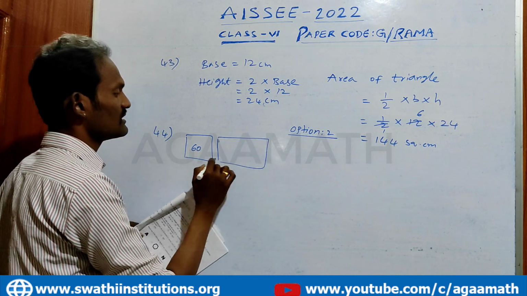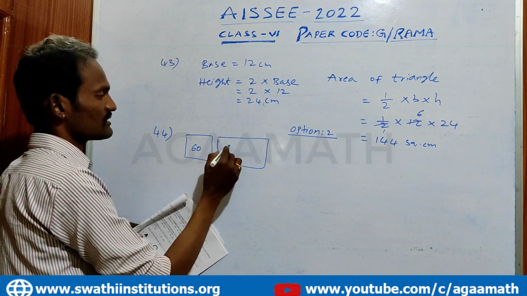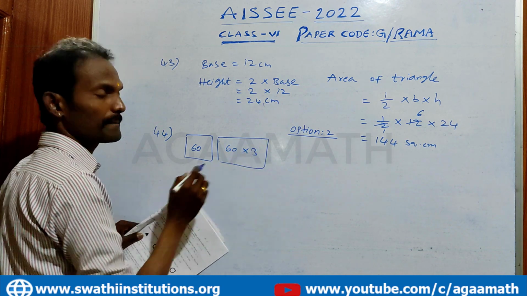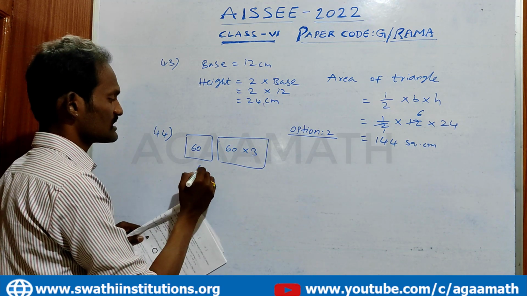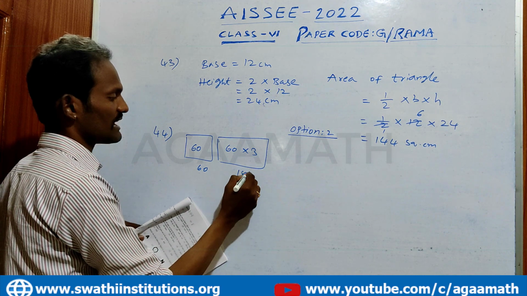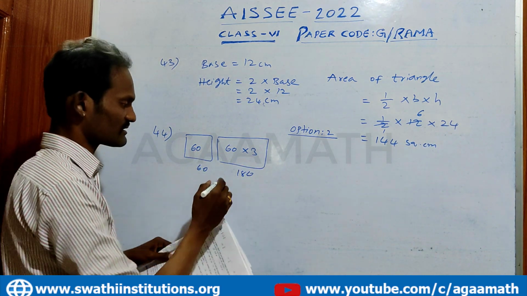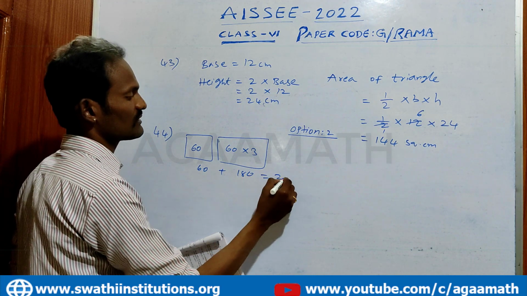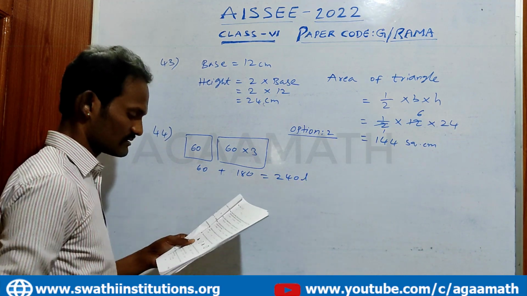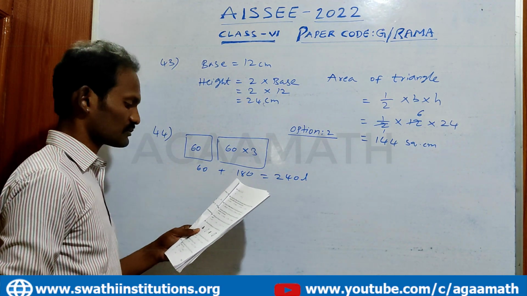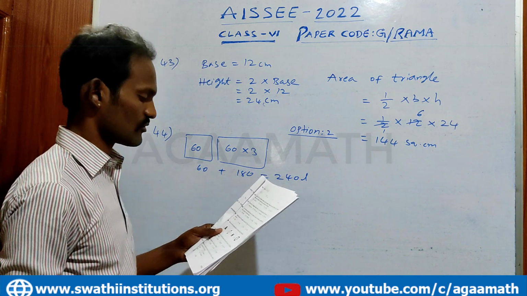Thrice means what? 3 times. So that means 60 times 3. So this is 60 liters and this is 180 liters. So what is the total of both the tanks? We add them, it equals 240 liters. So there is option 2.